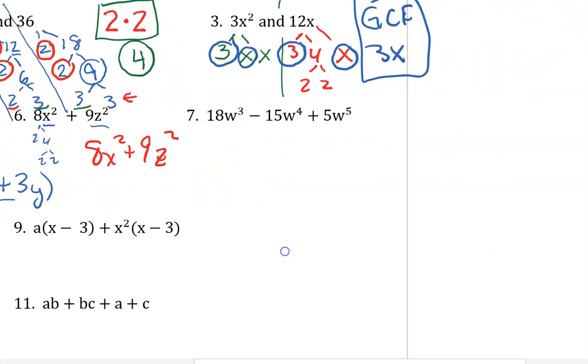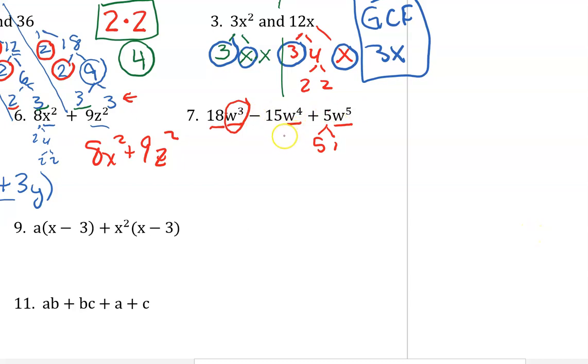And for number 7, I see I have a w to the third, a w to the fourth, and a w to the fifth. I also can look and see that 5 is only divisible by 5 and 1. That is a prime number. 18 is not divisible by 5. Therefore, I cannot take out any numerical factors. What I can take out, we know that w cubed in the first expression is the lowest power of w.